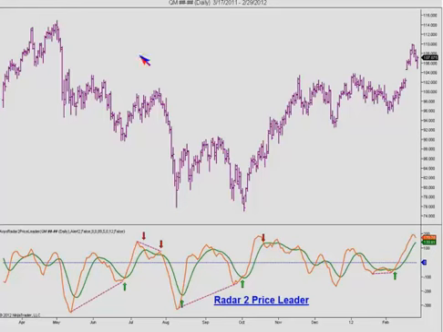We even have a kind of a pullback divergence because this is a higher high than the previous oscillator peak, but that's an entry signal I don't want to talk about. We see a nice opportunity to go short right in here in August, and as soon as this fast line crosses the slow line right there, we enter short, and as soon as the fast line crosses the slow line right here, we close out our short position.